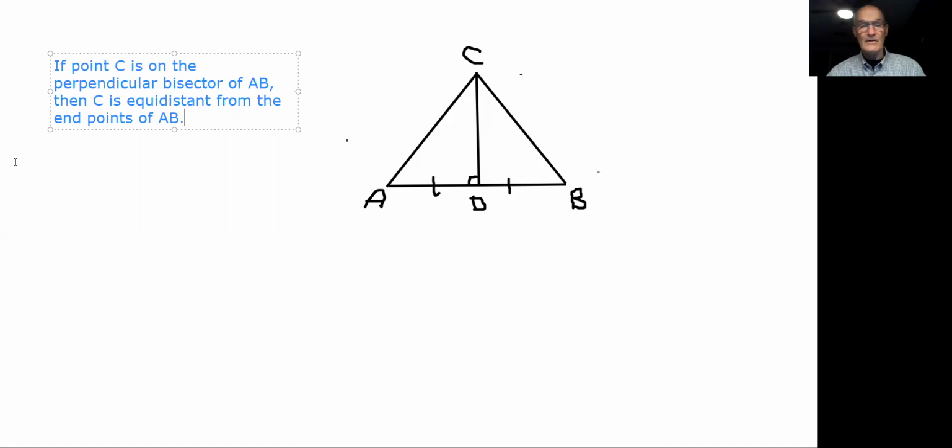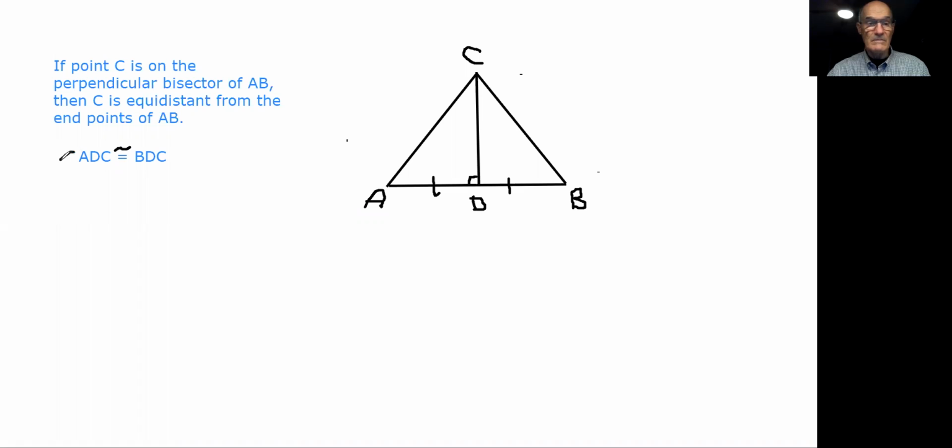Now, if you go back and look at some of the things that we looked at with proving our triangles, I can prove triangle ADC is congruent to triangle BDC. I'll put the congruent symbol here.